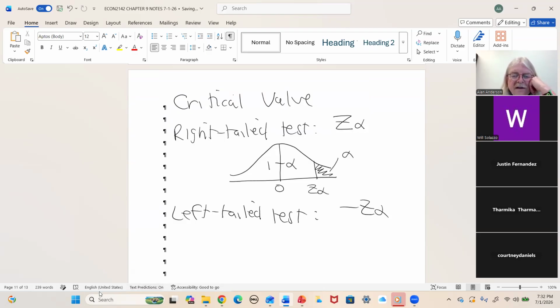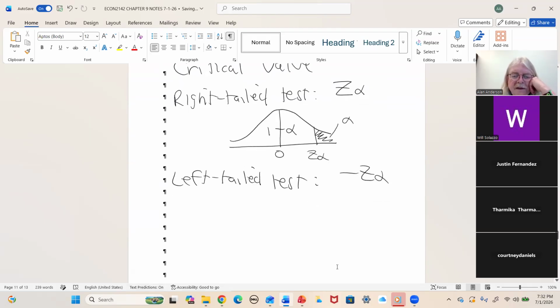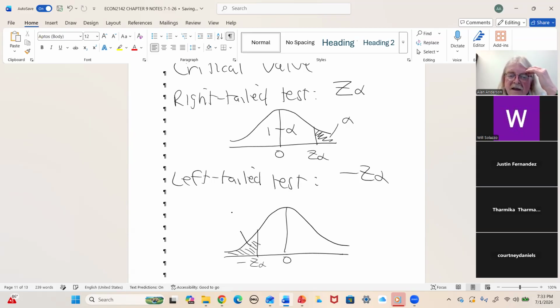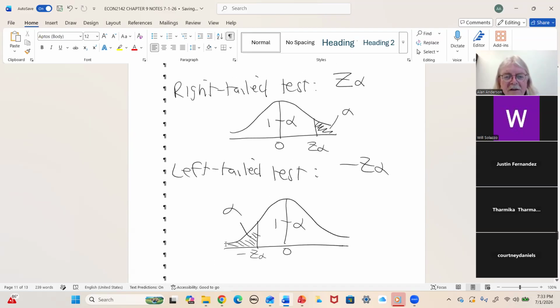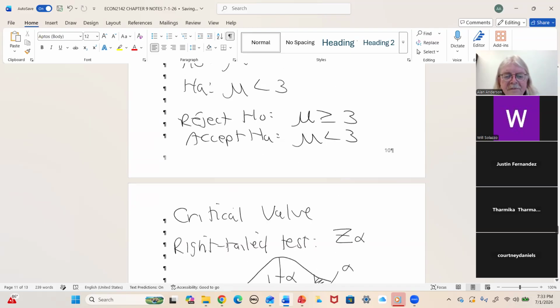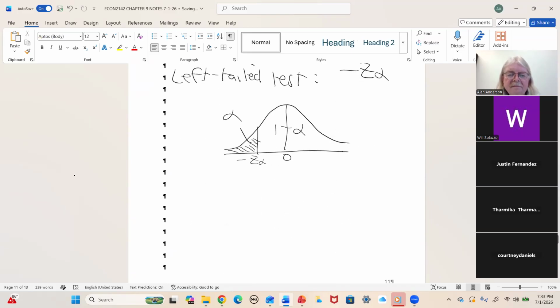Left-tailed test is based on negative z alpha. Due to the symmetry of this distribution, the area above positive z alpha must be the same as the area below negative z alpha. So this area is alpha, and this is 1 minus alpha. That becomes our critical value. And of course, if it's a two-tailed test, we have to do something a little different.